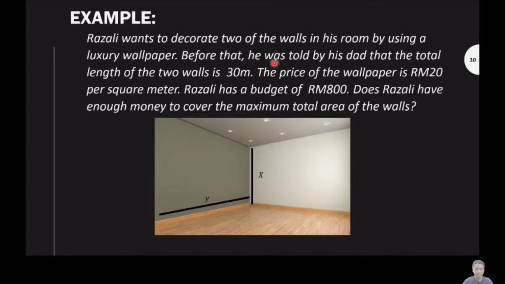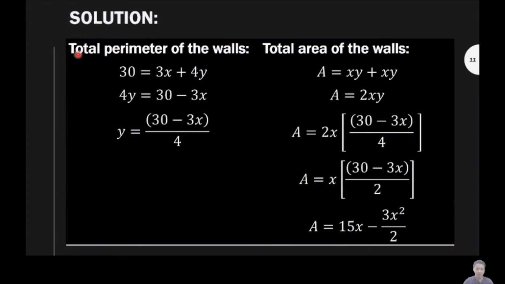So from the question we can see there are 2 key pieces of information, which is the total length of the wall, which is 30 meters, and the wallpaper, which is in square meters, which means the area of the two walls. So we continue with this information, so we can get the total perimeter and the total area of the walls.